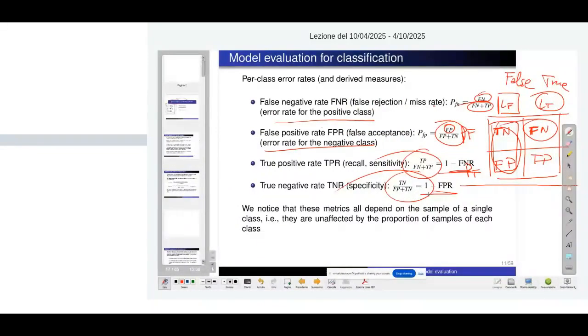So rather than counting the errors, I count the number of correct predictions for each class. It's the same information, and we will work with these two rates, but this is the same information. Once you know the one, you know automatically the other. Just one minus gives you the other. So there is no difference in the information that you have there.